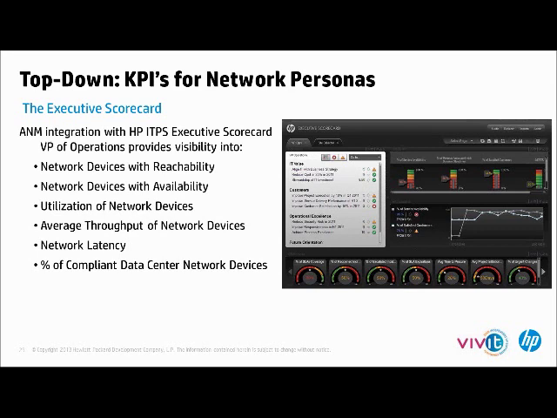So what we really try to do with the Executive Scorecard is provide visibility and insight into key business network KPIs around such things as network device availability, reachability, and utilization. Throughput and latency are other key areas here. So it's the network management KPIs that really help network operators and directors get better insight into their networks.